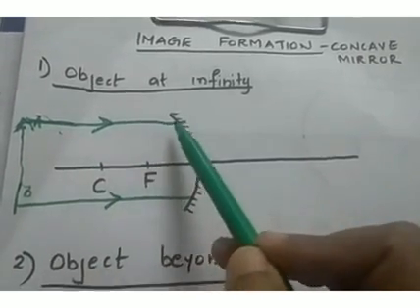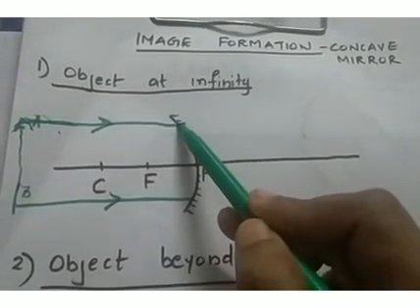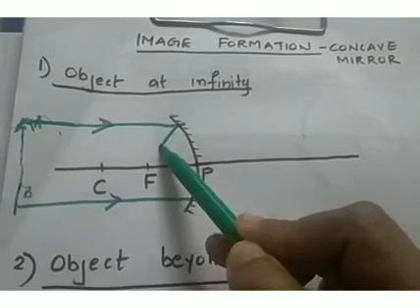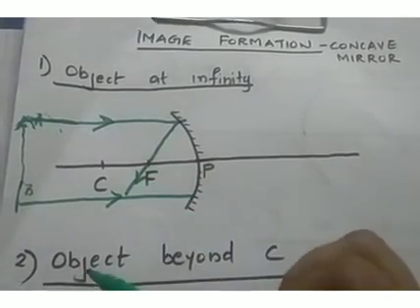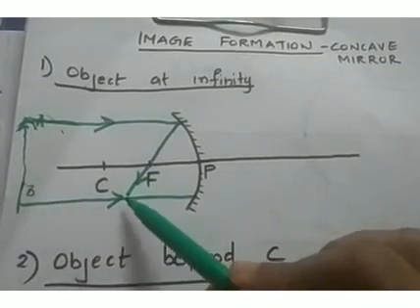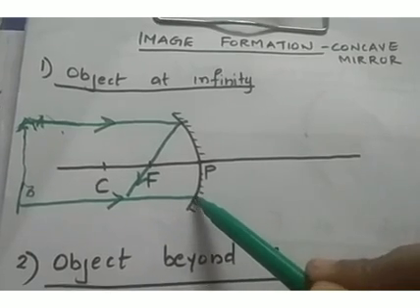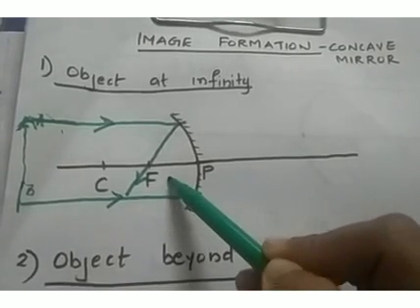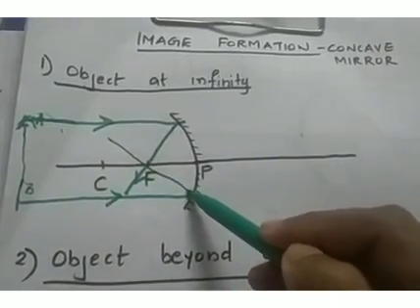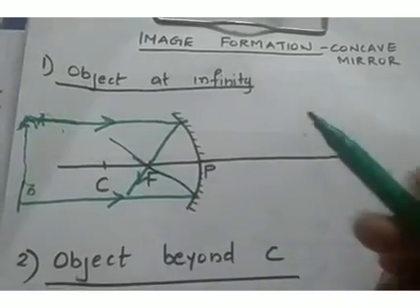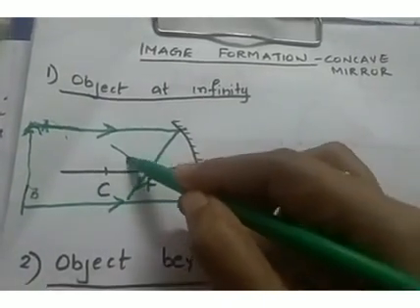So this is a parallel ray, and after reflection it must pass through focus. Okay, and this is another parallel ray, and this ray also, after reflection, should pass through focus. It should not bend like this, actually it must be a straight line. Okay, it should pass through focus.